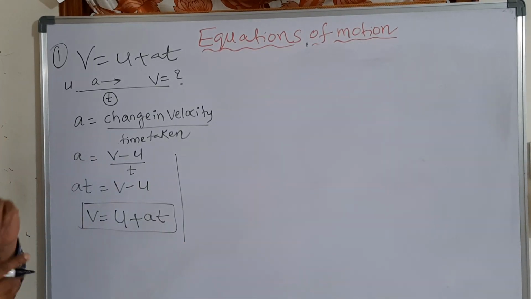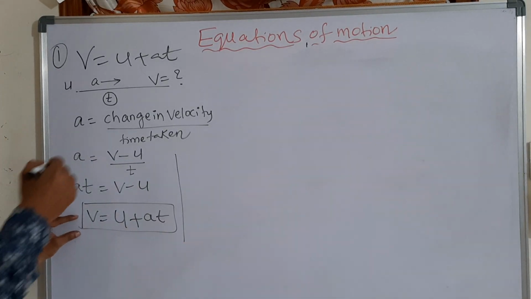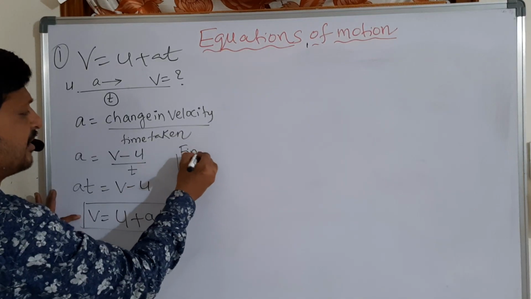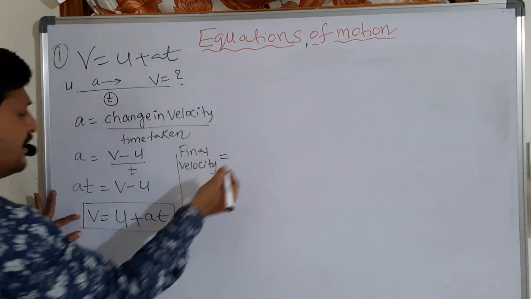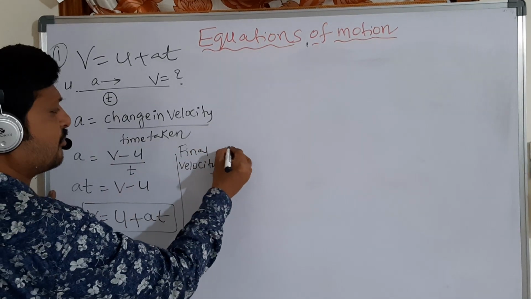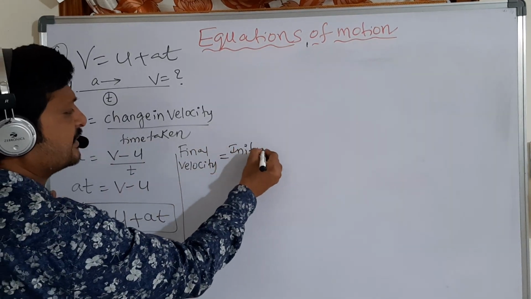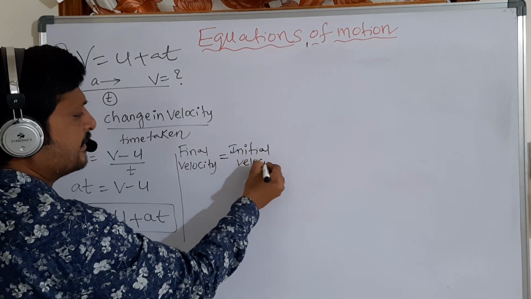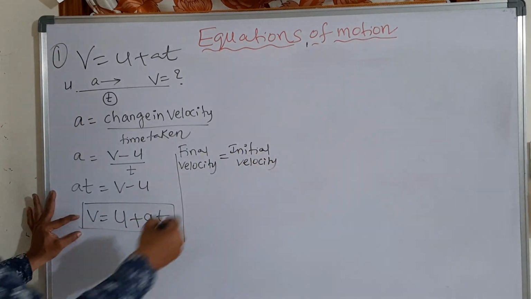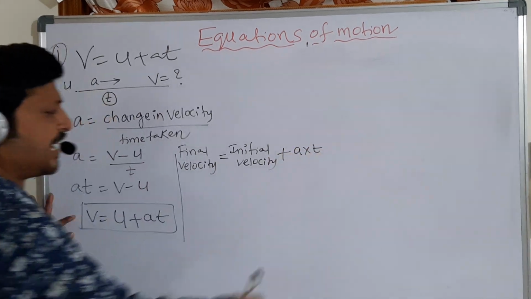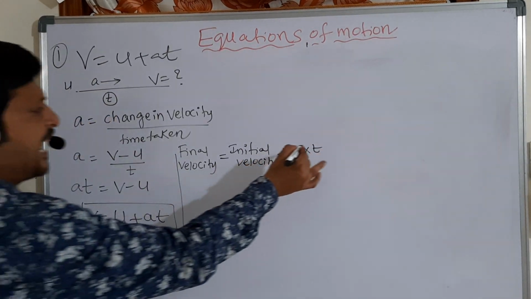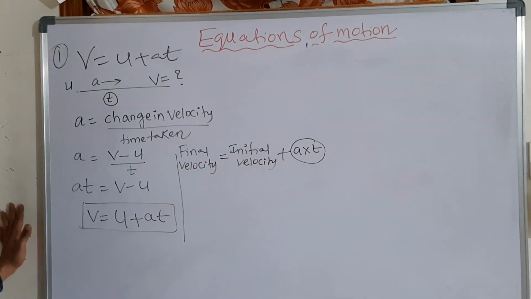What is the meaning of this one? See here, v means final velocity. Final velocity is equal to initial velocity plus a, which means acceleration, into time.